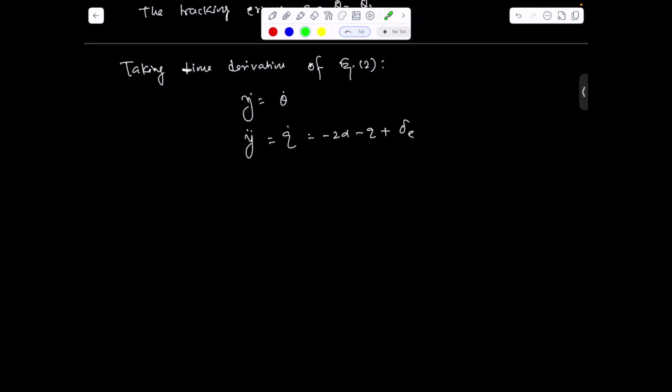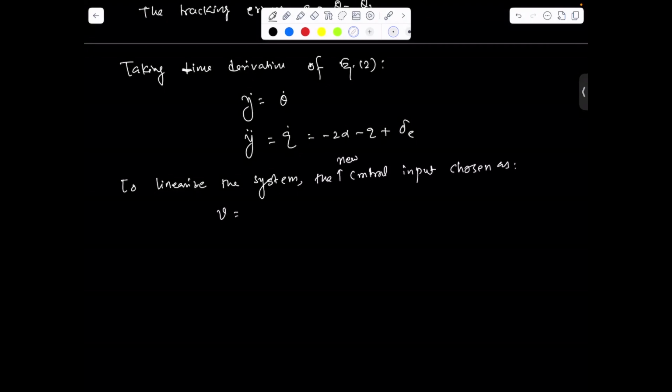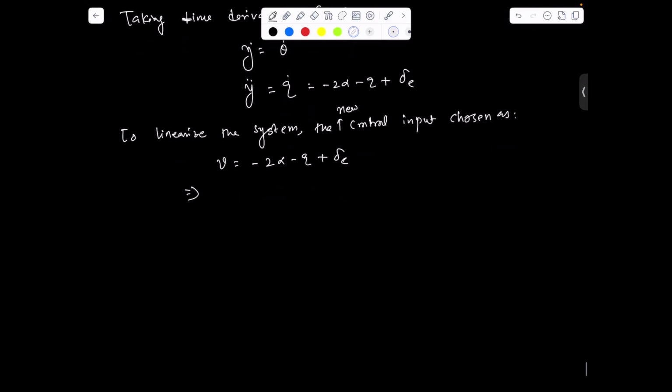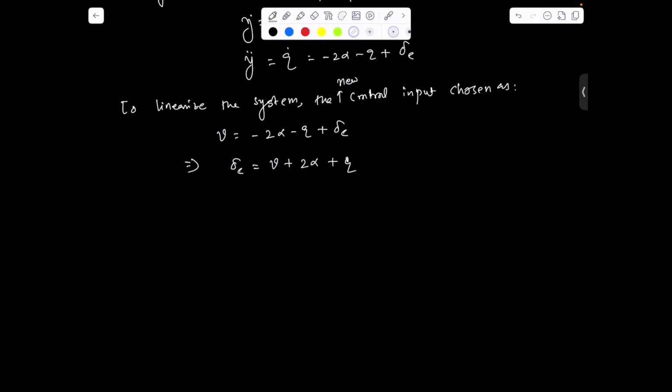To linearize the system, the new control input is chosen as v equal to minus 2 alpha minus q plus delta E. And from this we can write delta E equal to v plus 2 alpha plus q, right?